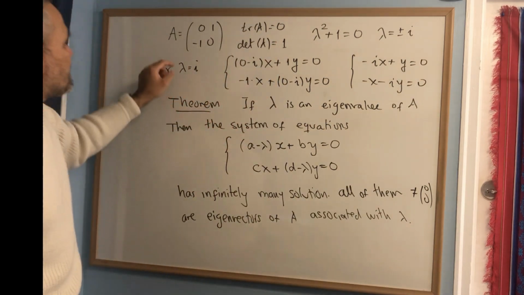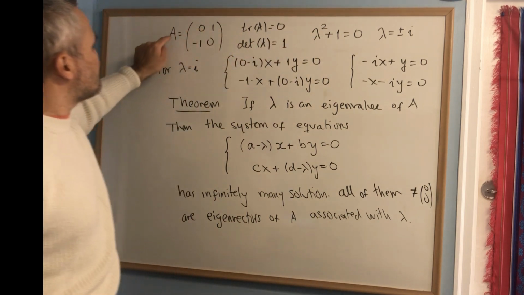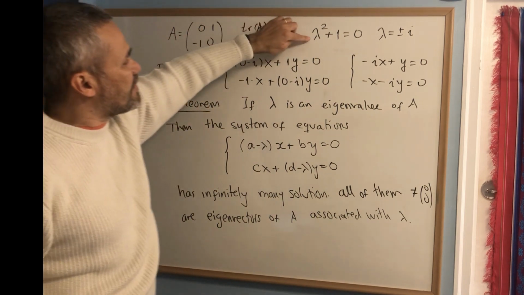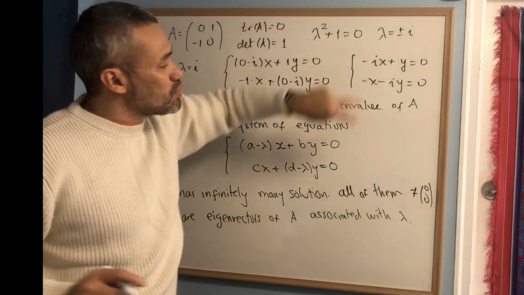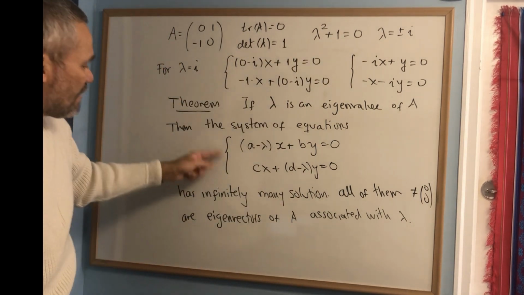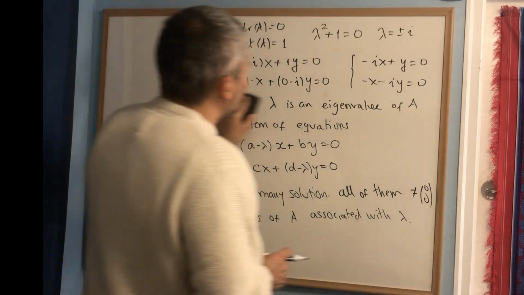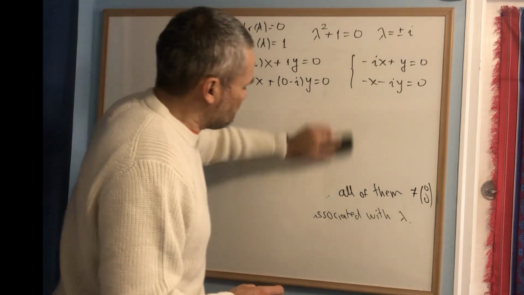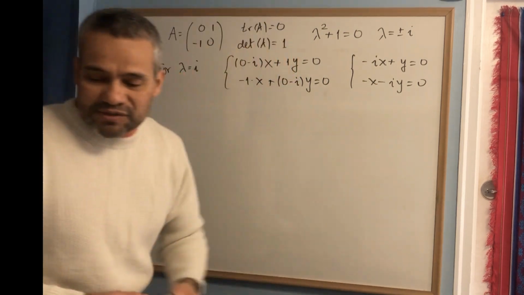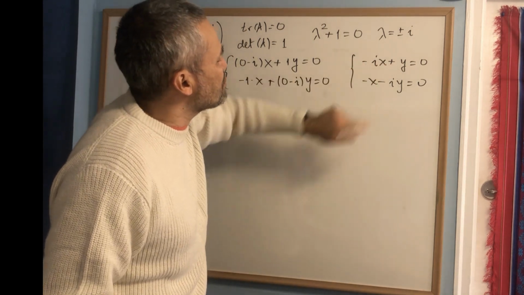This theorem says that since this lambda is an eigenvalue, since this lambda satisfies the characteristic equation, then this system has infinitely many solutions. And then we can find eigenvectors by solving that system. Something that is going to be important is how to pick a non-zero solution.